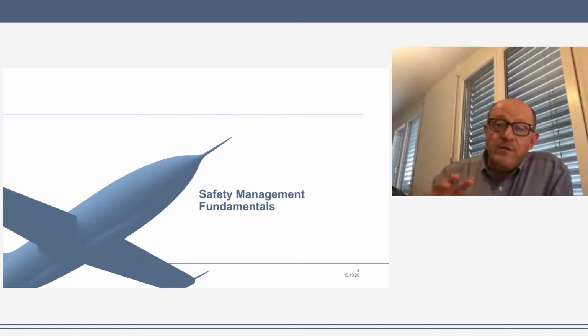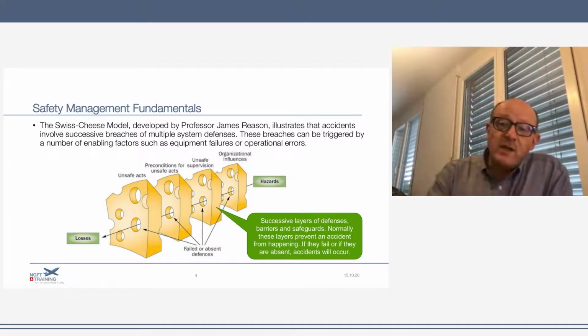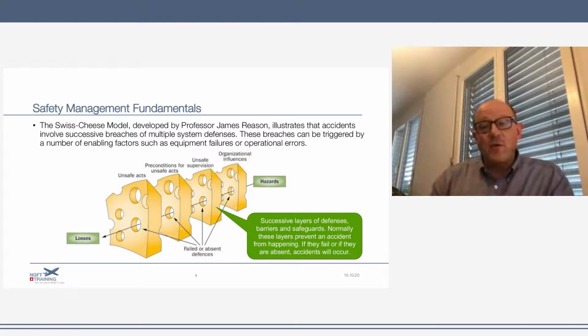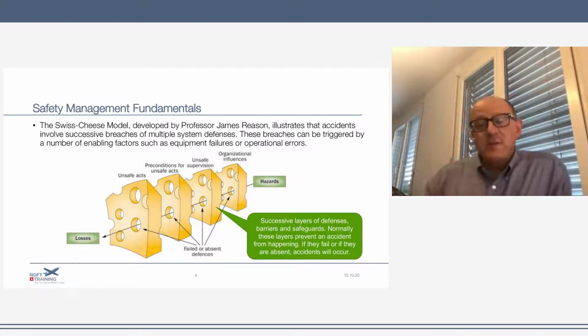Now, before we can get started with that, I would like just to give you a brief introduction on basically what we are talking about and where the safety performance indicators, targets, measurement fit into our world of the safety management system. Basically, it's the Swiss cheese model where we have protective barriers because we believe that these barriers will actually avoid accidents.